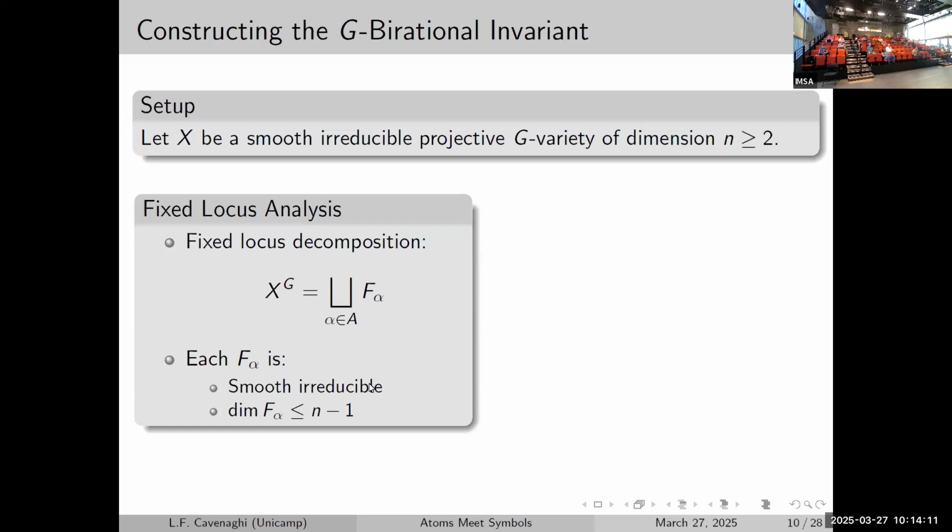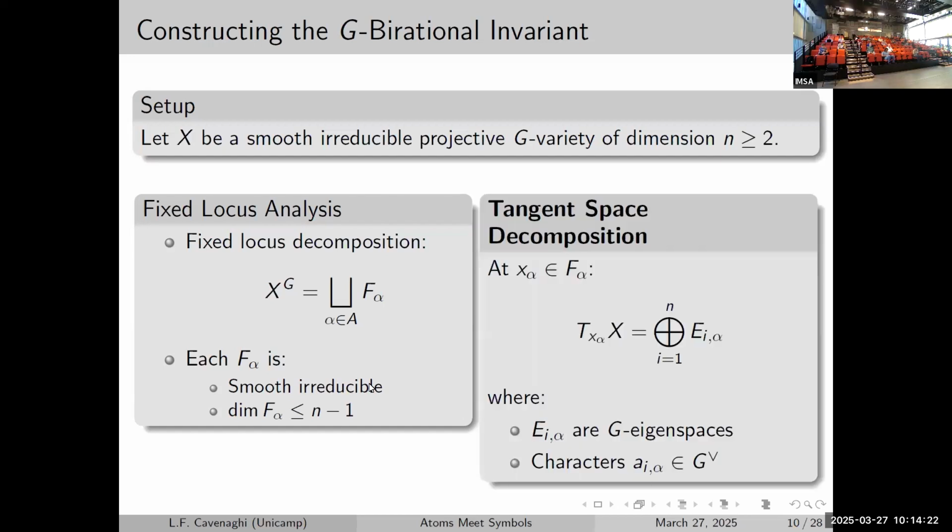In the case of three-dimensional smooth projective varieties, this F alpha can be isolated points, curves, or surfaces. Then you look at the induced action of the group on the tangent space of each of these F alpha, and then you collect the characters.